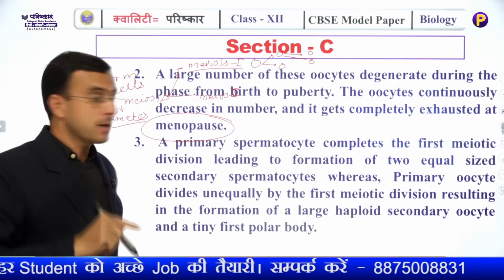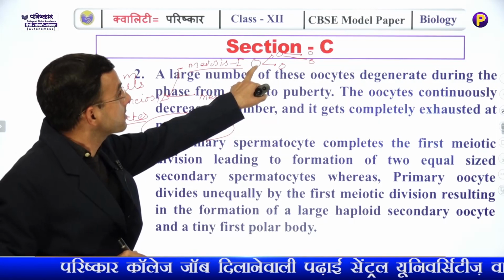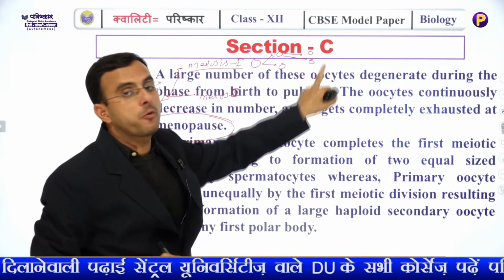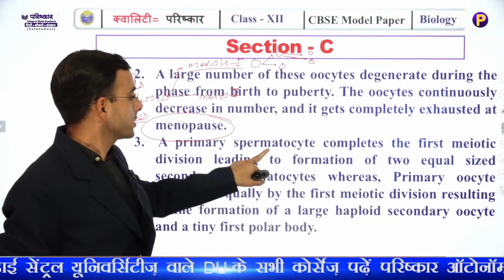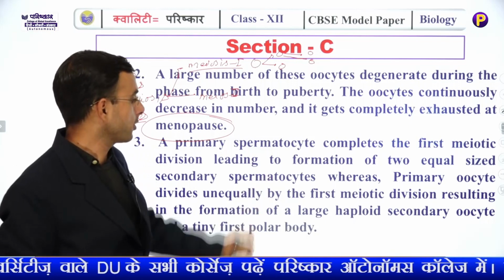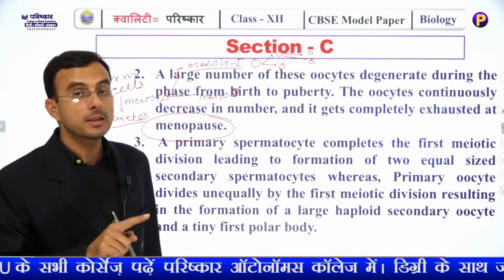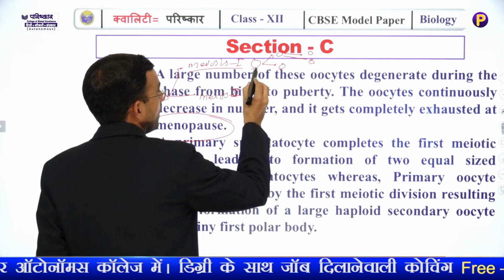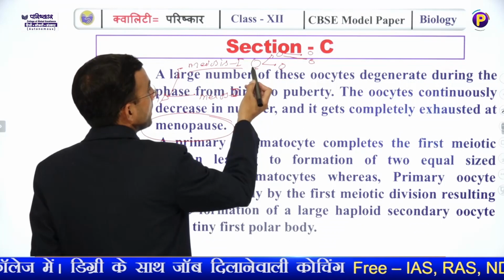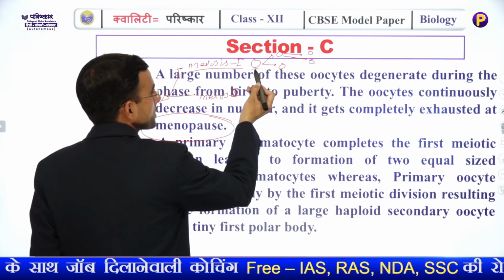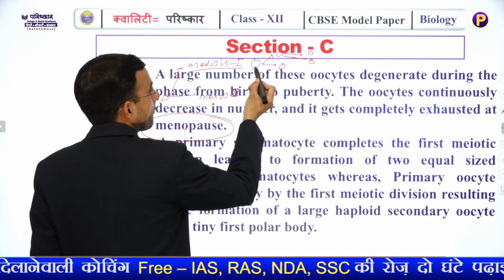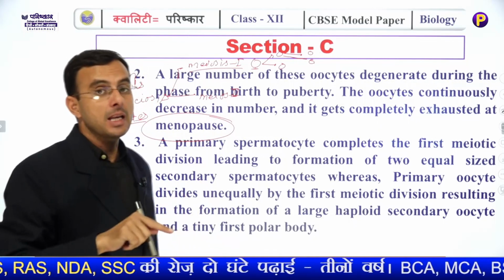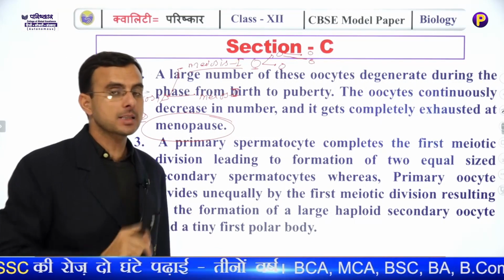When the first meiosis takes place, two equal cells are formed during spermatogenesis, the formation of sperm. On the other side, when the first meiosis takes place in the oocytes, if this is the germ cell in the female, two cells are formed: one is a large cell and another is a polar cell.